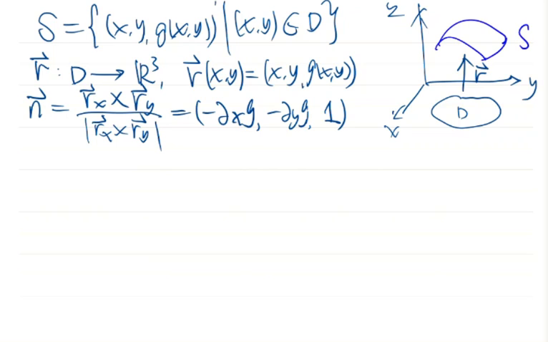So this is pointing upward. That is, if we choose the upper side of S as orientation, that is, the normal vector pointing upward, then the parametrization given here coincides with the orientation of S, because the normal vector determined by this parametrization also points upward, since the third component is positive.